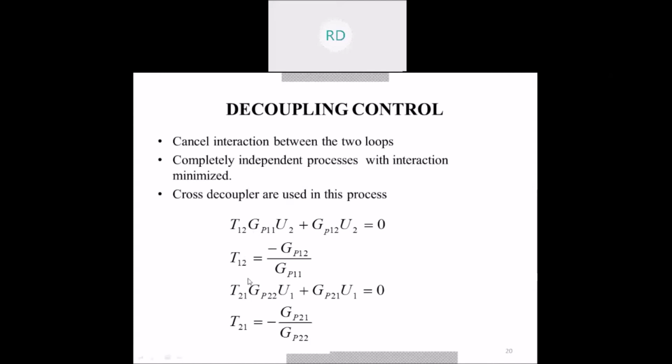From this I find the decoupler T12, which is GP12 divided by GP11, so U2 gets cancelled. And then T21 GP22 U1 plus GP21 U1 equals 0. Similarly, you get T21 equal to minus GP21 divided by GP22.